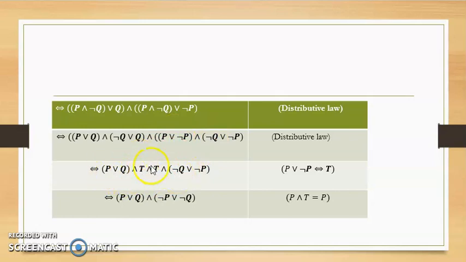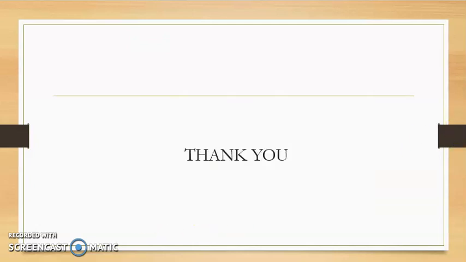Any value intersecting with T is nothing but itself, so P and T is nothing but P. So using this formula, the T will disappear and we will get P or Q and not P or not Q. So this is the answer, which is the product of max terms. This is the required PCNF. Thank you, students.